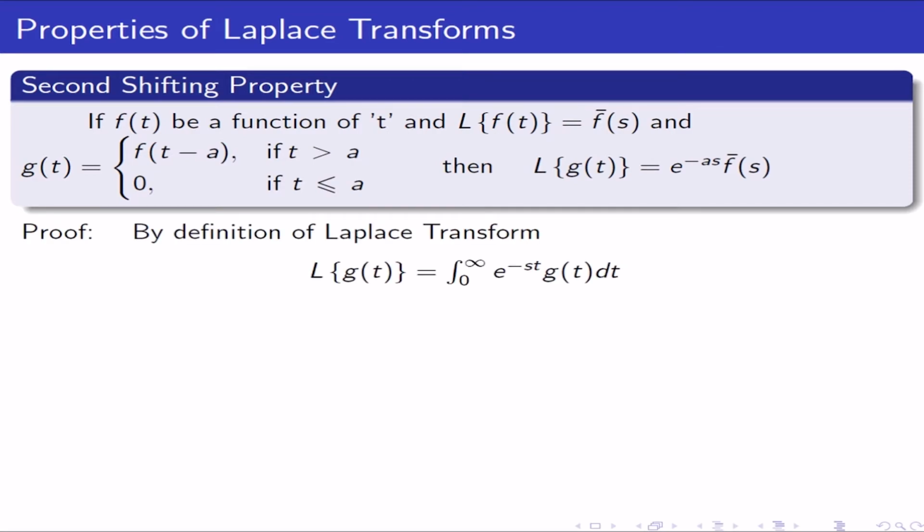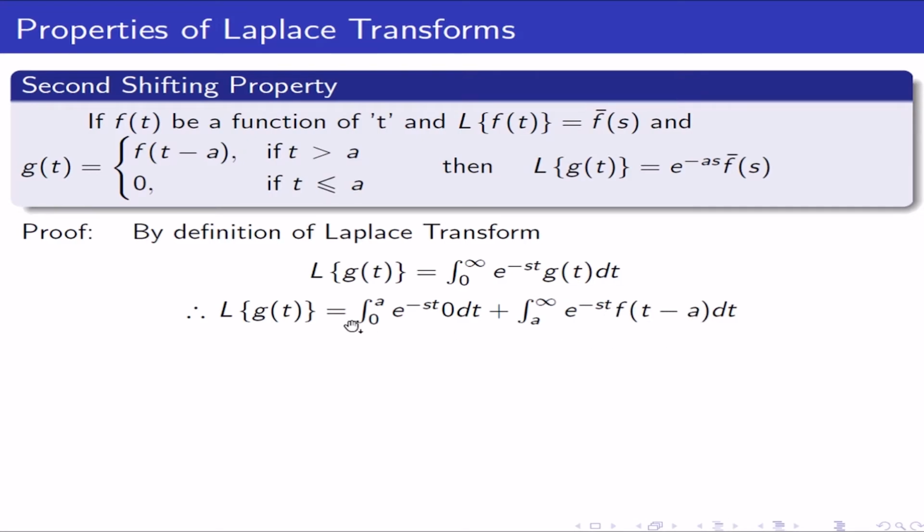Let us start from the definition of the Laplace transform. By definition, the Laplace transform of g of t is equal to the integration from 0 to infinity of e to the power minus st g of t dt. Since the value of g of t has been given in two intervals, this integral will be split from 0 to a, for which g of t will be replaced by 0, and from a to infinity, where g of t will be replaced by f of t minus a.